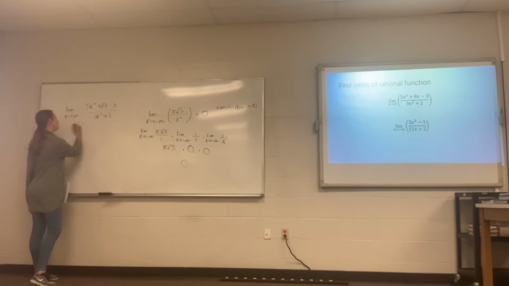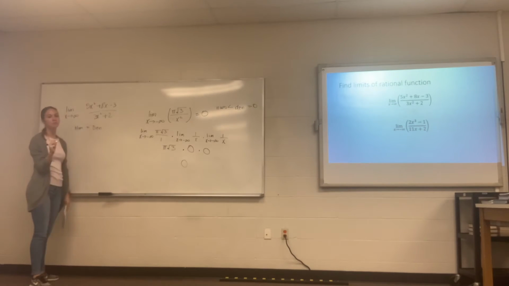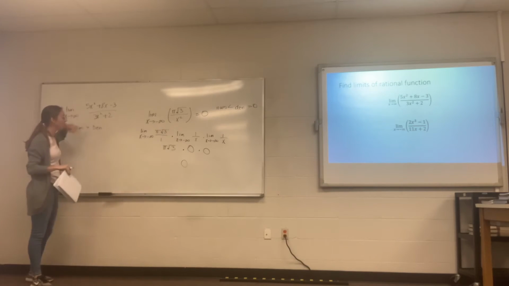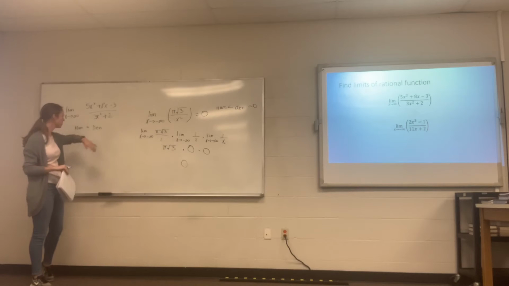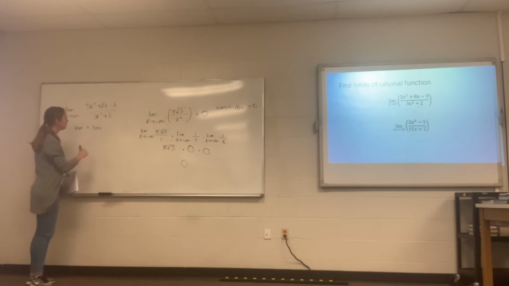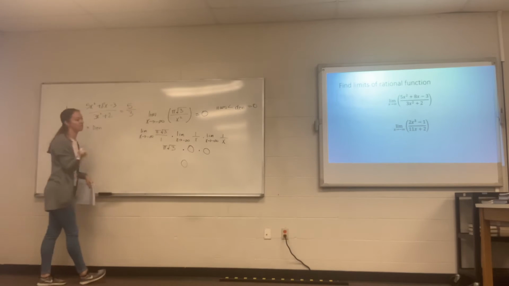So my numerator degree is equal to my denominator degree. And so when that happens, I now look at my leading coefficients and I'm going to compare those. And so I would just put the numerator one over the denominator one. So I would end up with just 5/3.